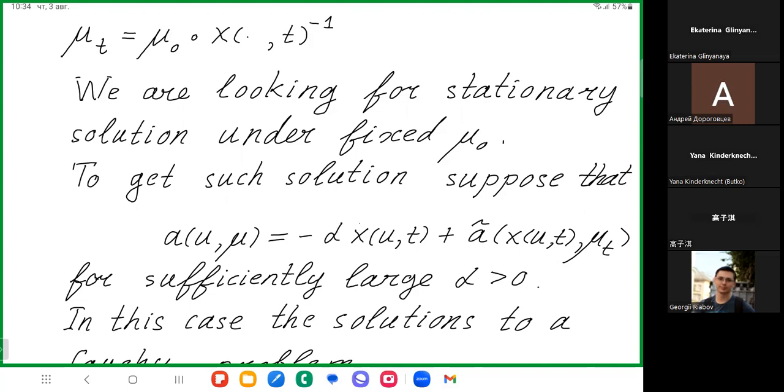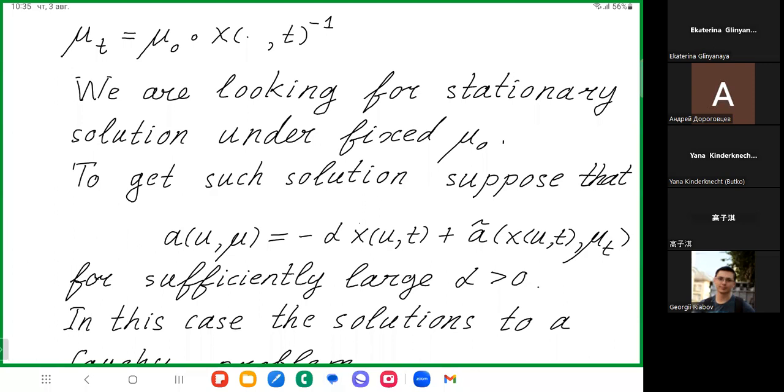And I consider alpha positive and sufficiently large. What does sufficiently mean? As yesterday, alpha must dominate the constants for A tilde and B, in order to have a strong force which pushes all particles to zero.